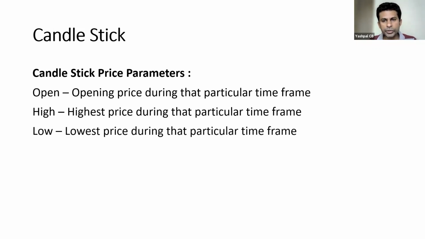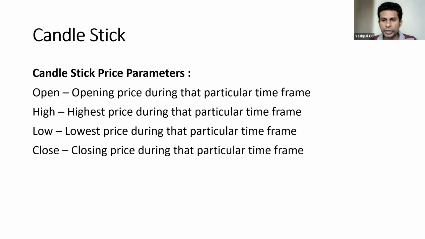Then it will also give you the lowest price. And last, it also gives the closing price. So candlestick is the only chart where you can understand the opening price, closing price, high and low of that particular time frame.